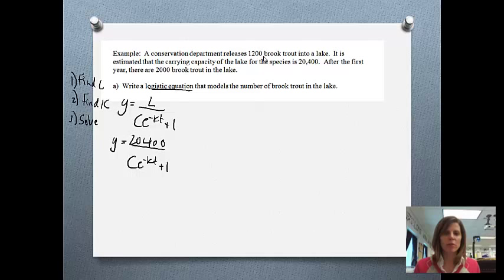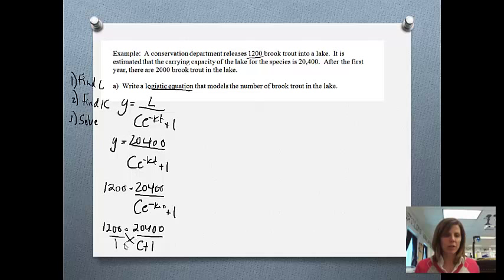First, it says they released 1,200 brook trout, which means there were 1,200 at time equals 0. So I'm going to have 1,200 equals 20,400 over Ce to the negative k times 0 plus 1. That gives 1,200 equals 20,400 over, well, e to the 0 is 1, so on the bottom I get C plus 1.